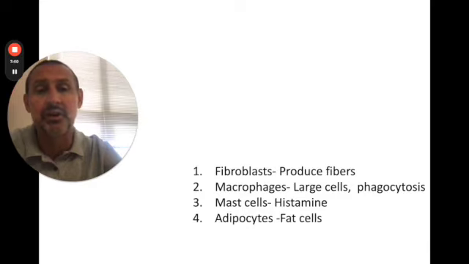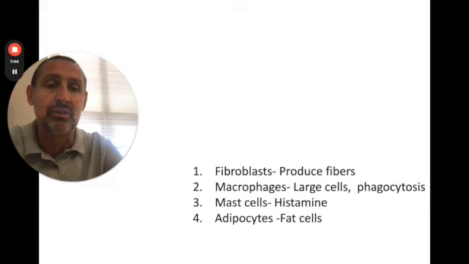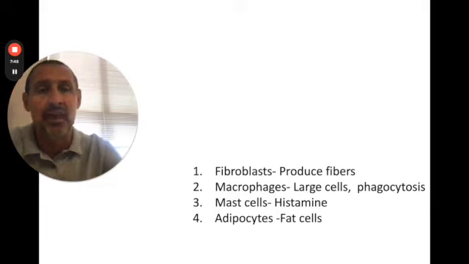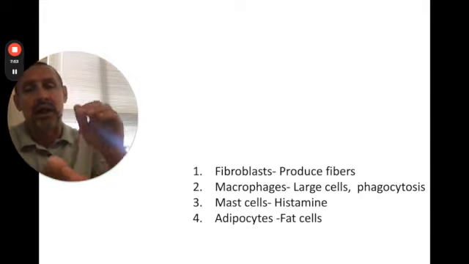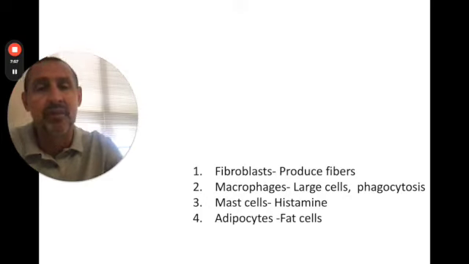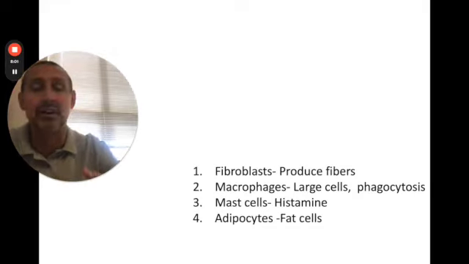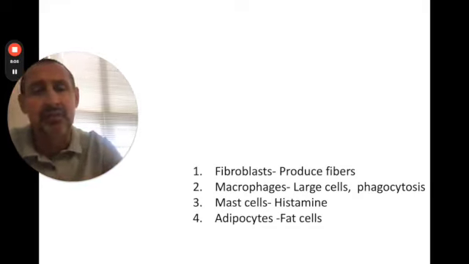So it's going to be large cells that engulf or eat other things, like white blood cells would fall into this category. Phagocytosis describes how that cell is surrounding and engulfing another type of cell. Mast cells produce things like histamines. Histamines cause allergic reactions, but histamines also prepare your body for stress.